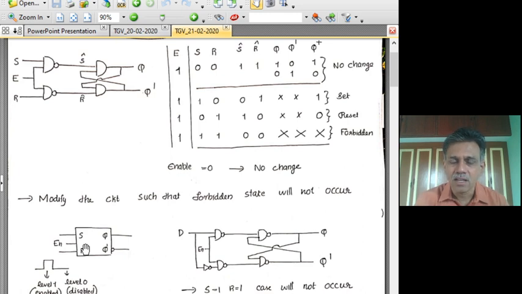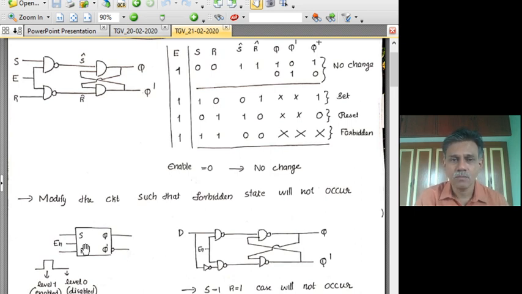So the condition is: when both the inputs S and R are 1 1, it is forbidden in the case of the SR latch. When both S bar and R bar are 0 0, it is forbidden for the S bar R bar latch. Of course, there is also a no change condition when both S and R have the same value.